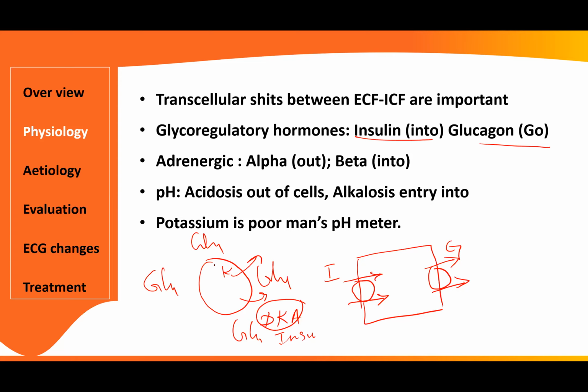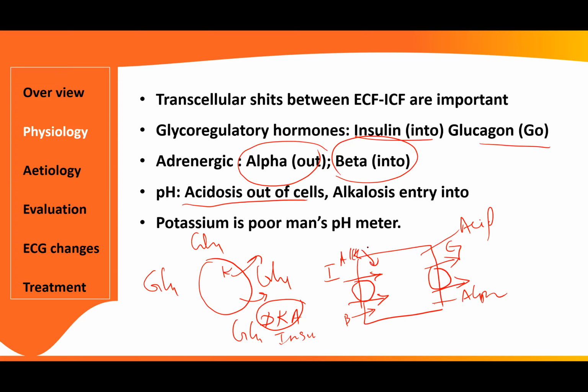Adrenergic hormones: alpha adrenergic, alpha out, and beta adrenergic substances, beta in. Beta in and alpha out, that is the second one. The third one is acidosis out of the cell. Acid out, alkali in.